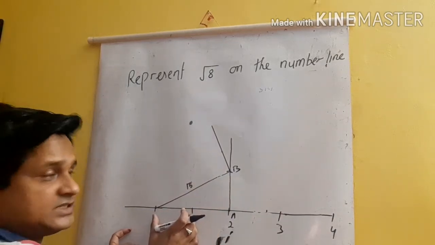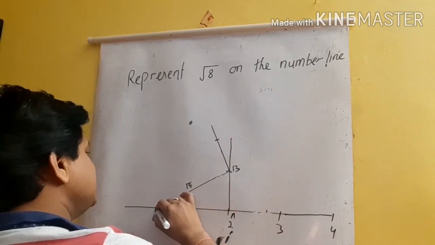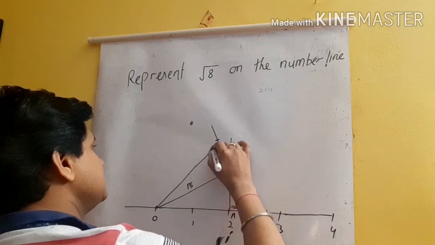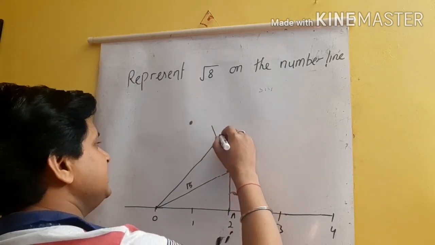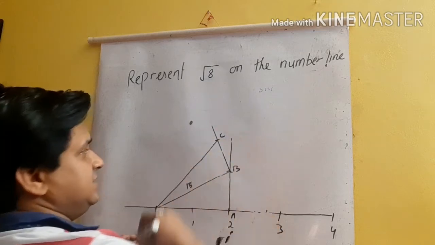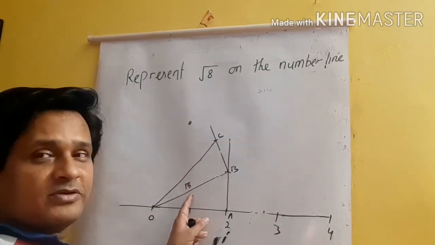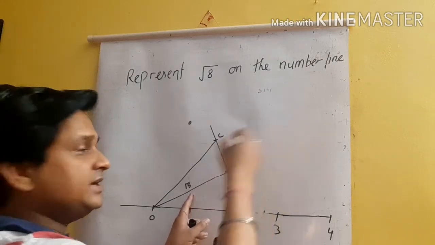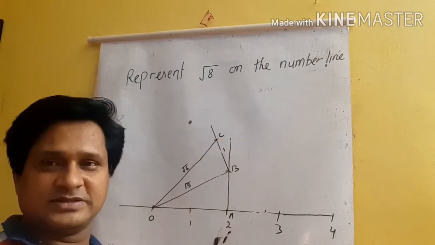I will take this distance and with the help of compass, I will draw an arc and I will join this. Suppose this is point C. Okay. So how much this distance will be? This is root 5. This is 1. We just saw it. This is root 6.